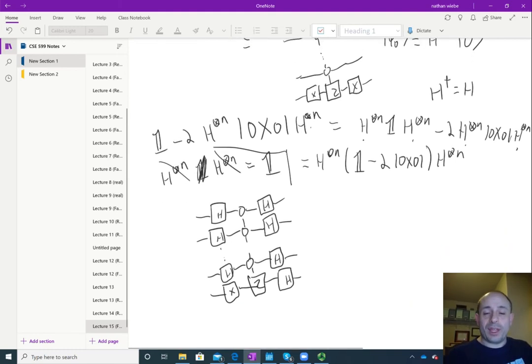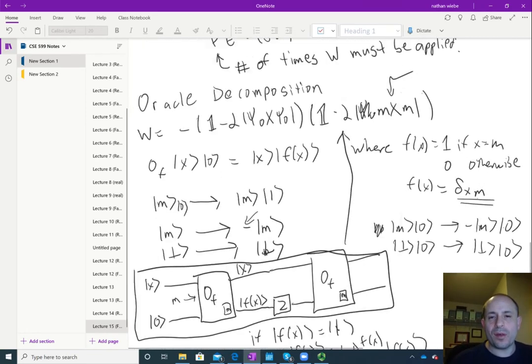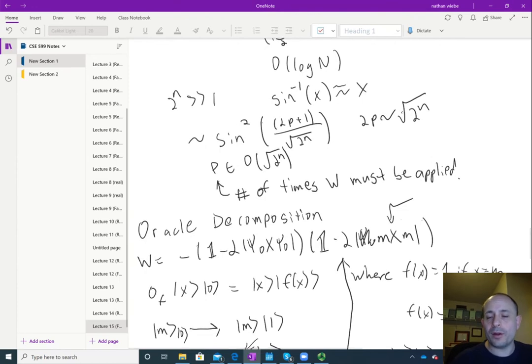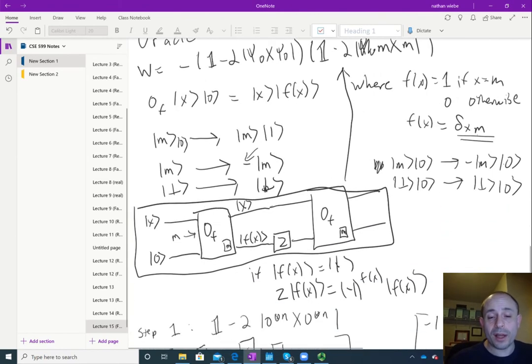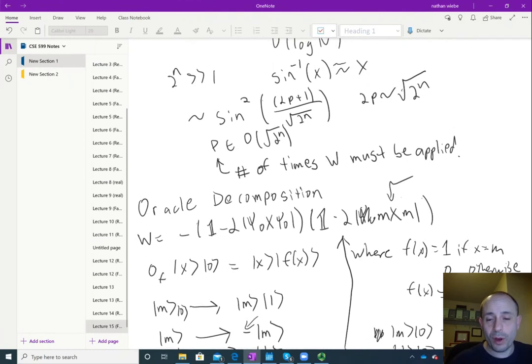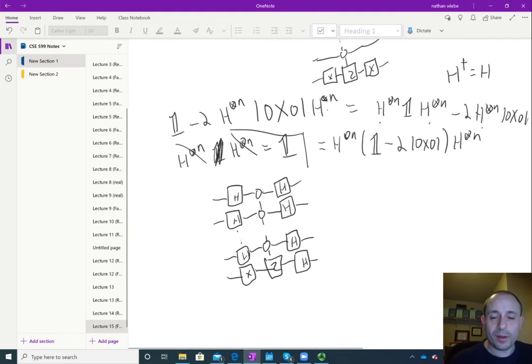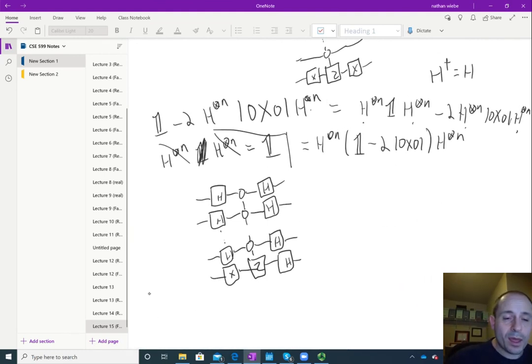And so formally then, our circuit that implements the walk operator, because it's just the product of this and the reflection that we just wrote, we can end up writing the whole circuit in the following way.